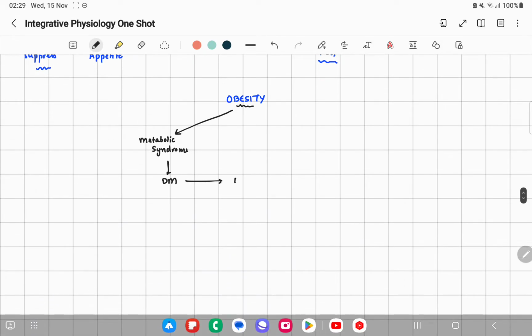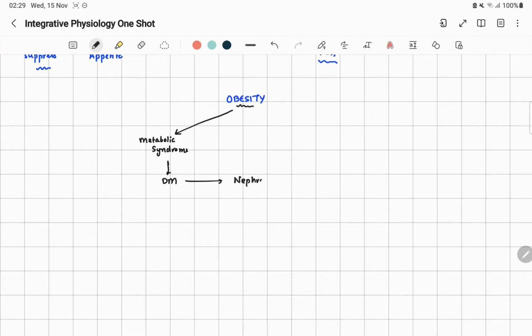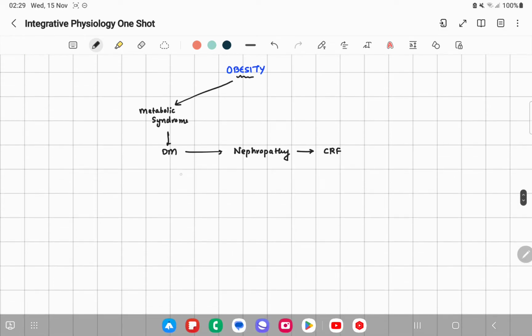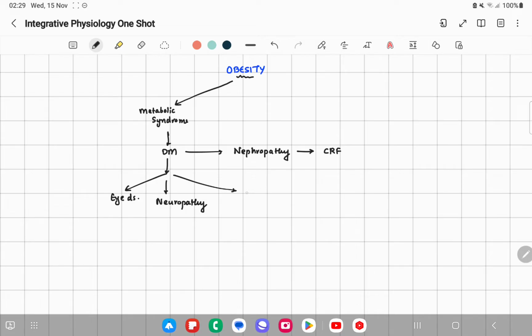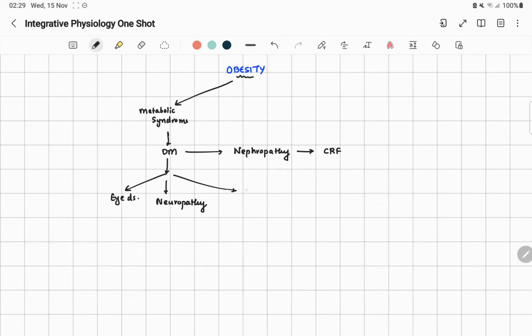Diabetes may lead to nephropathy, and it may lead to chronic renal failure. Due to diabetes, eye diseases are common, and neuropathy too. All these health hazards, your heart, chronic heart disease.